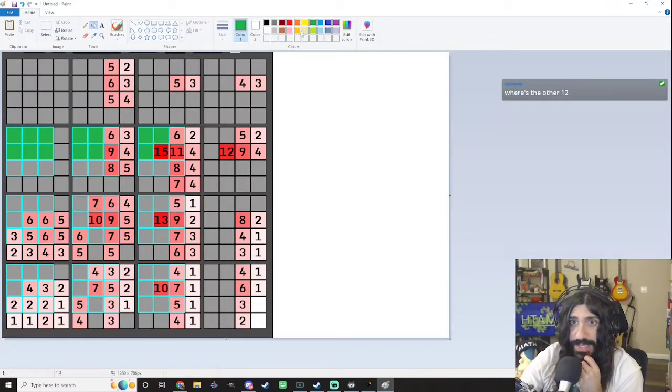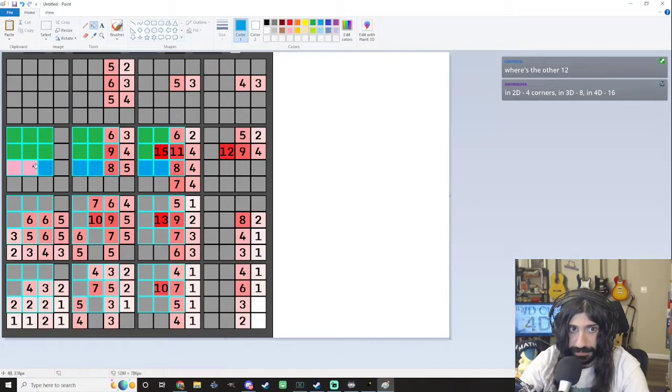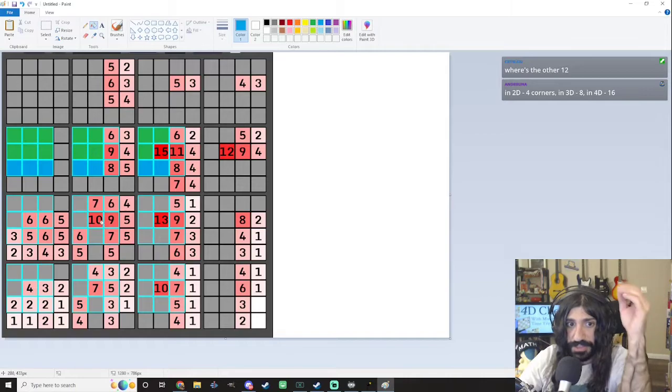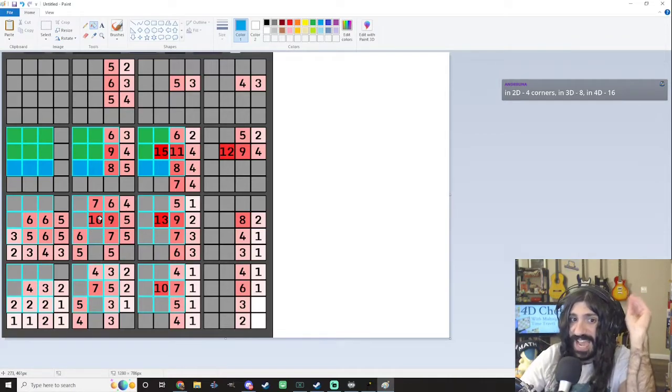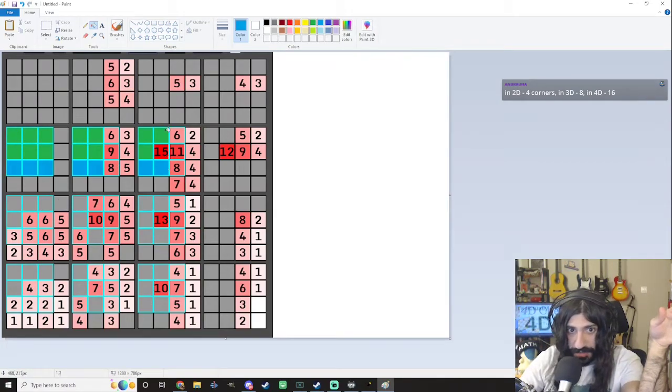Now, in pink are the number of cells that... I guess I should mark them blue, probably. Now, the number of cells that this 10 can see that this 7 can't see is all of the green plus the blue cells.